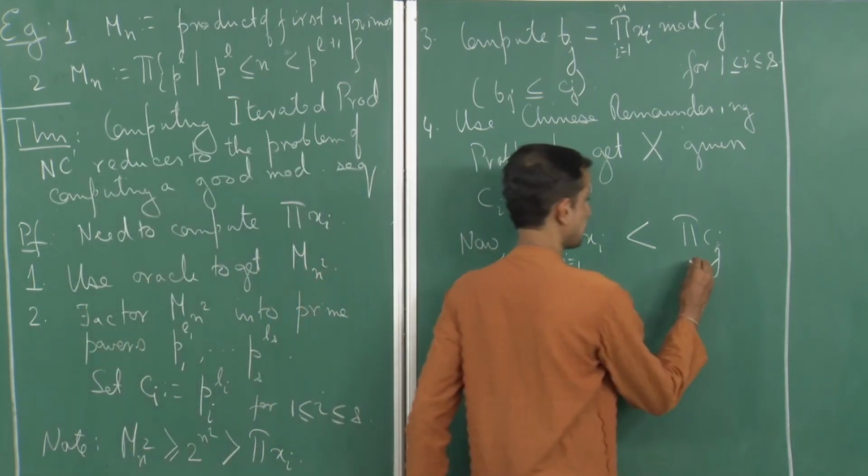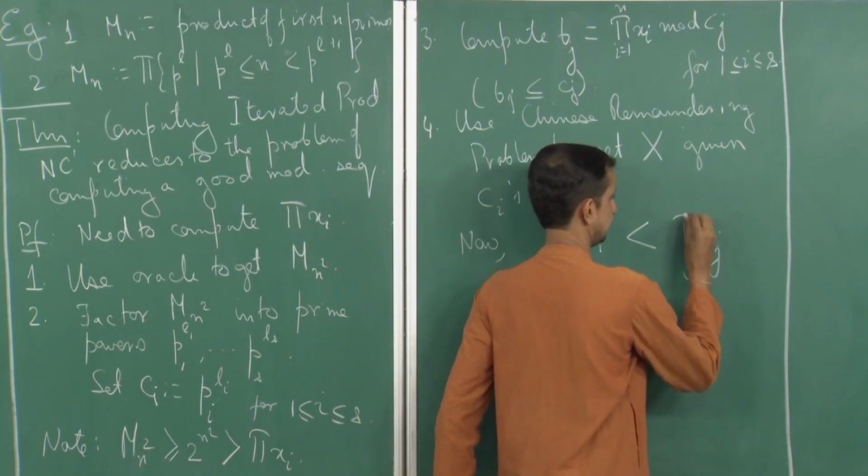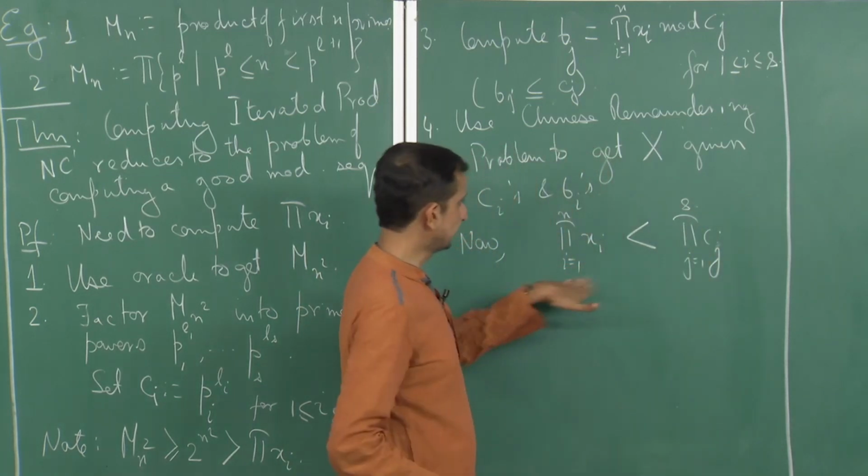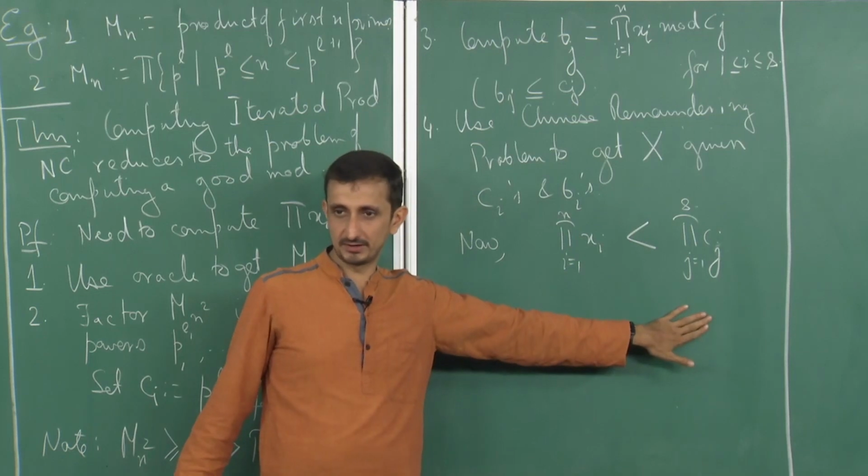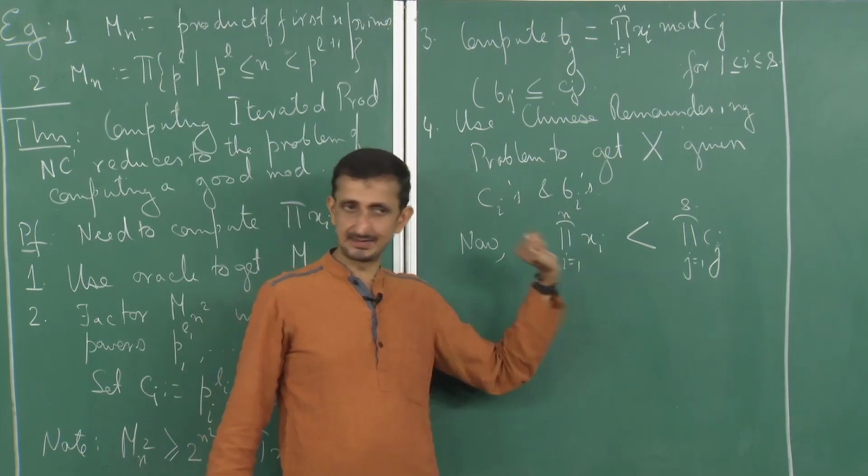Therefore, the product of xi is less than this product, correct. So, this is one condition that is satisfied.